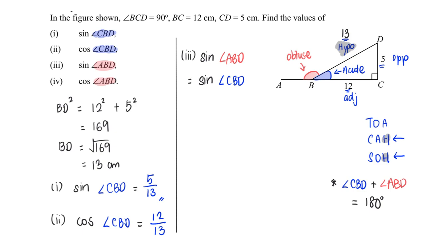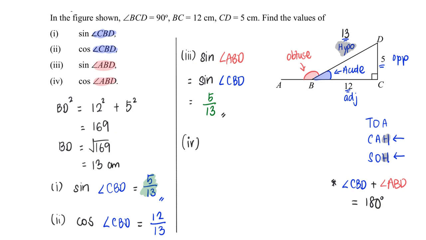The sine ratios are exactly the same. And so this means that if sine CBD is 5/13, sine ABD is also 5/13. Done. That is the special relationship.